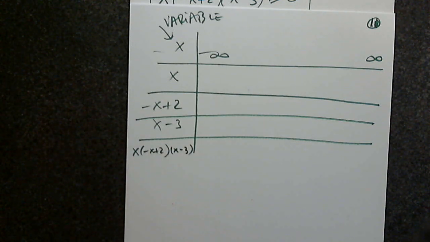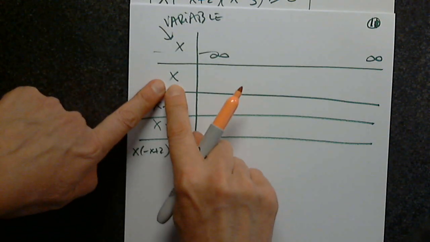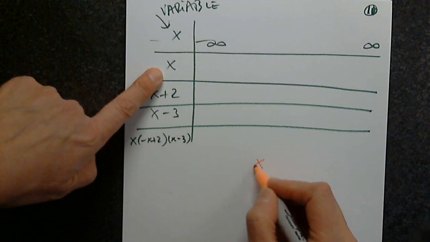Let's discuss this for a moment before we start. What am I trying to do? I'm trying basically to study the sign of each individual factor in the whole, so that I can determine the sign of the whole thing. In order to study the sign of each factor, I have to find where each one is 0. Where is x 0?